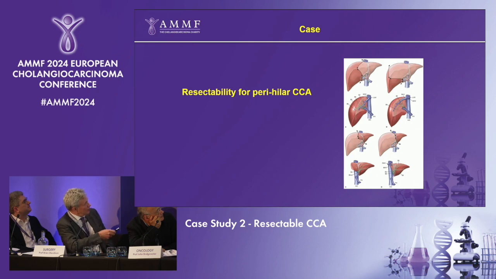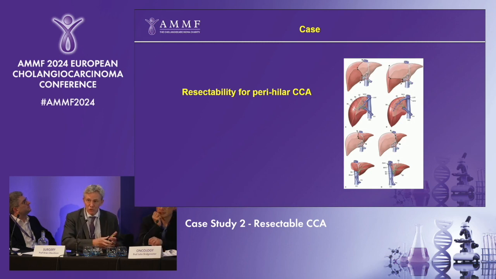Alternatively, to remove the central portion of the liver, where the cancer would be sitting here, an alternative option would remove all the right portion of the liver and extend into the left. So that would be an extended right hepatectomy, and this would be an extended left hepatectomy. Those are the two main options you have for a curative resection for cholangiocarcinoma, and which is best depends on the vessel involvement and your anticipated volume of remnant liver.